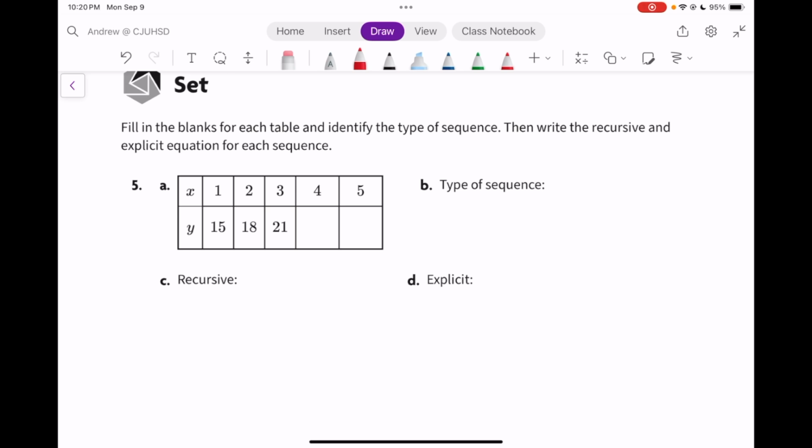The recursive form, remember to start with the first term and say what that is. And then write your f of n, some number plus or times f of n minus 1. And then the explicit form. All these are on the golden paper.